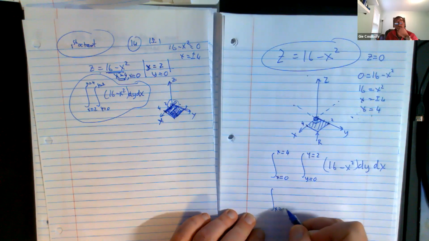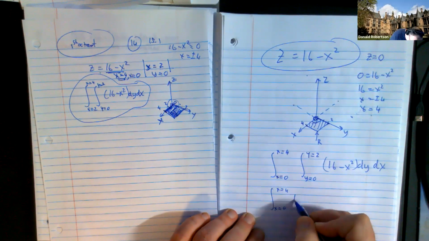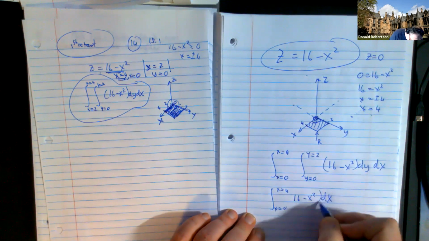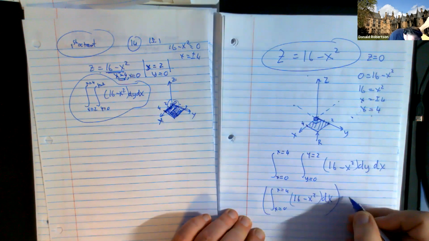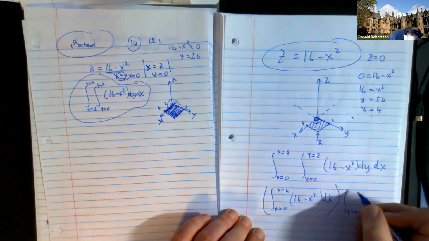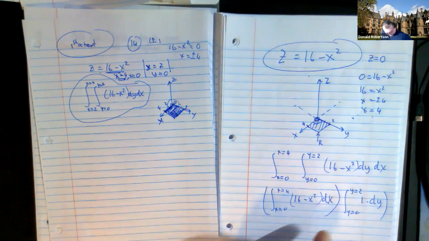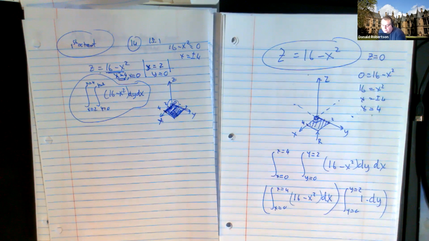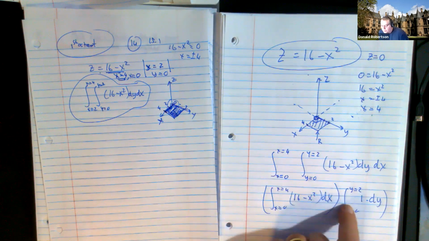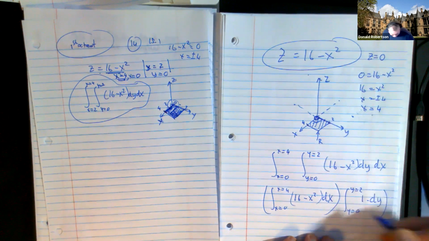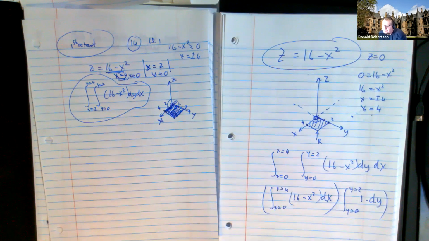So I could do x equals 0 to 4 of that guy, and then just do y equals 0 to 2 of 1. For calculation purposes, this is a variable separable world. So that guy there is basically 2, and then this guy is whatever it is.